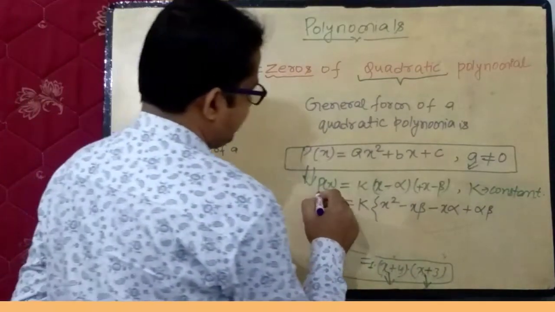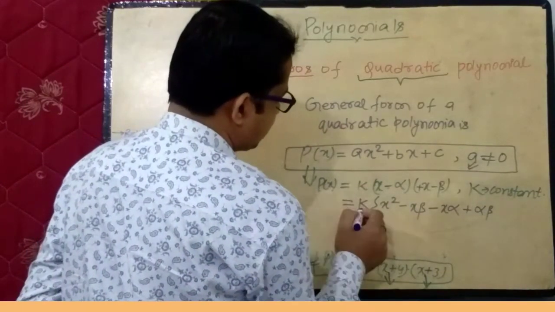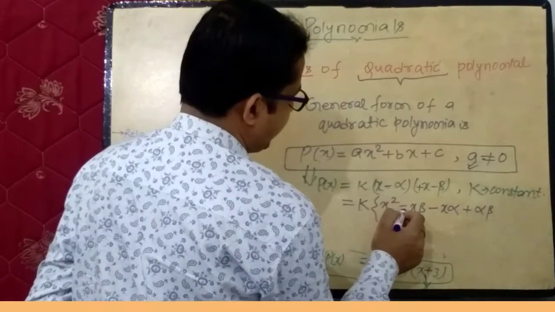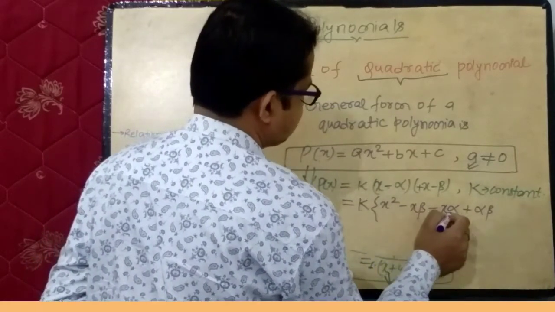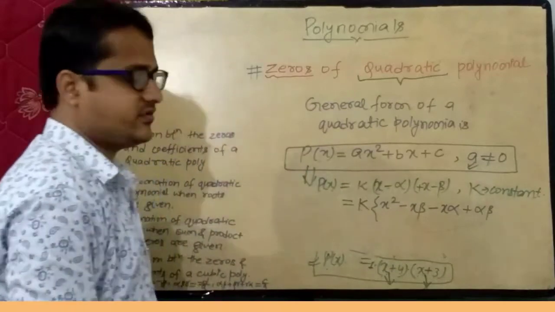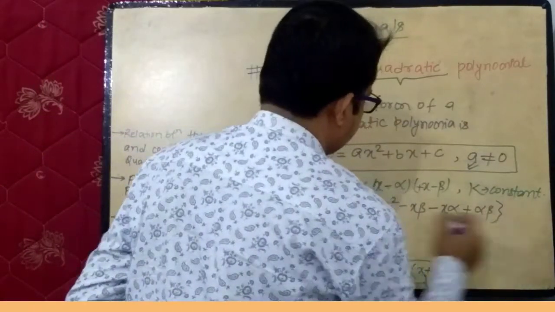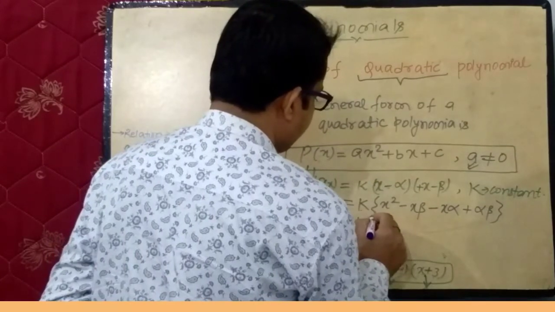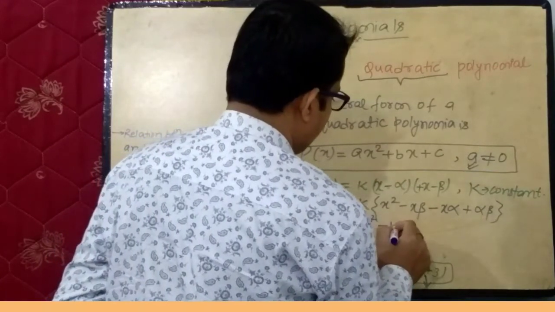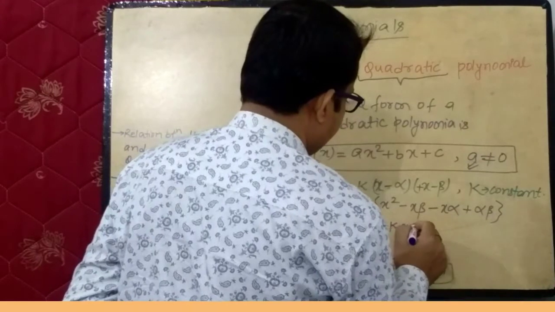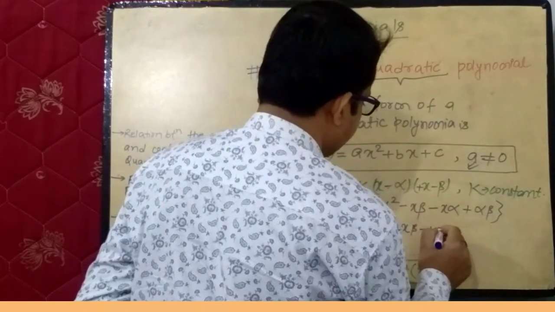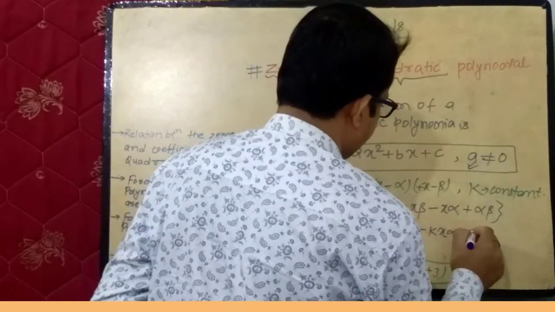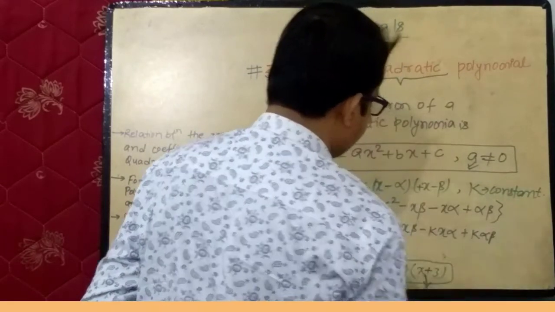Then we can say that p of x equals k into x square minus x beta minus x alpha, add up alpha into beta. Now open this bracket, so this will become kx square minus kx beta minus kx alpha, add up k alpha beta.